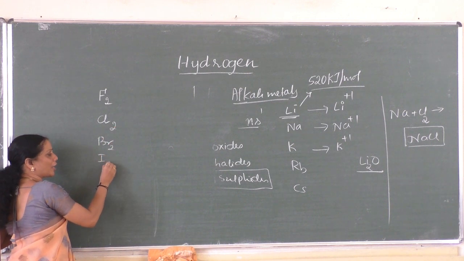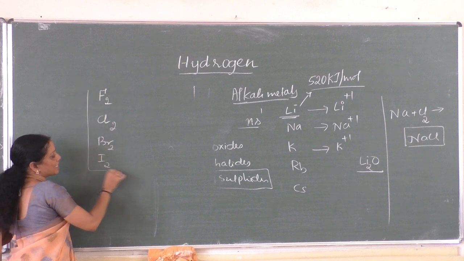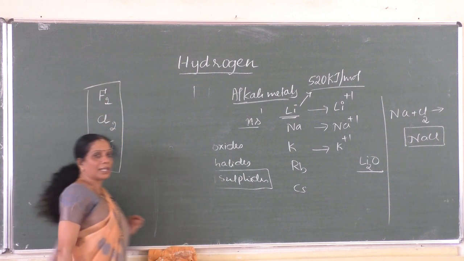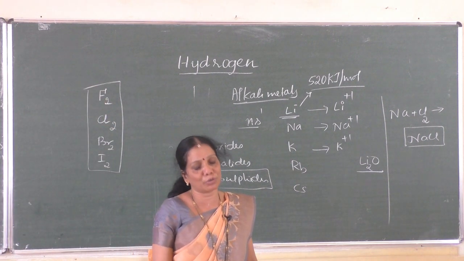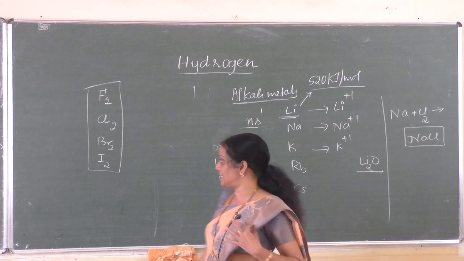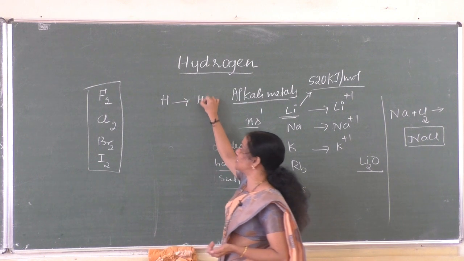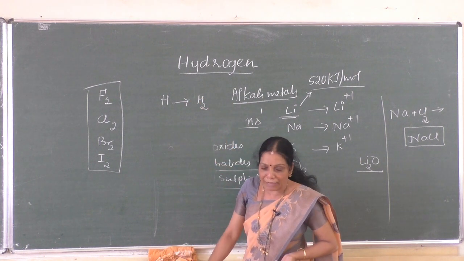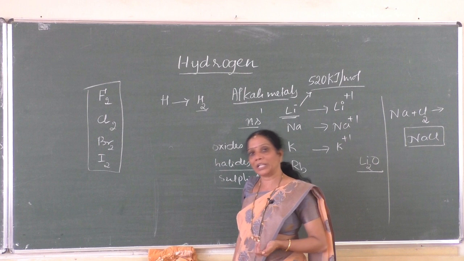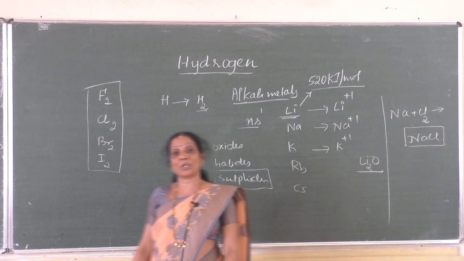Chlorine, bromine or iodine, always they exist in which form? Diatomic molecular form. Similar to that, hydrogen also always exists in a diatomic molecular form, nothing but H2. That means one more property is also similar to that of what?